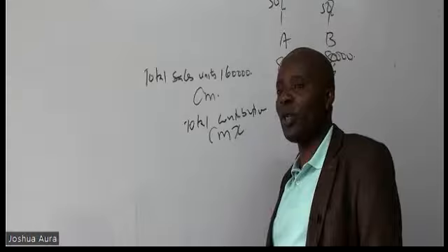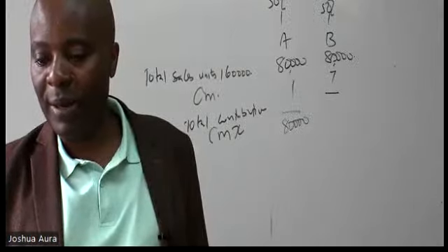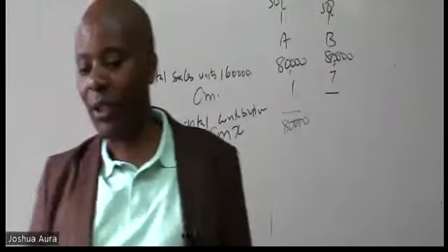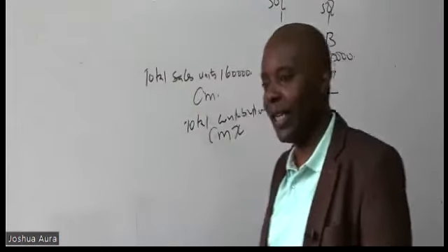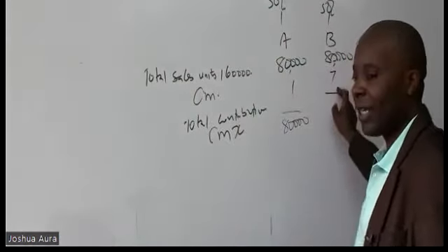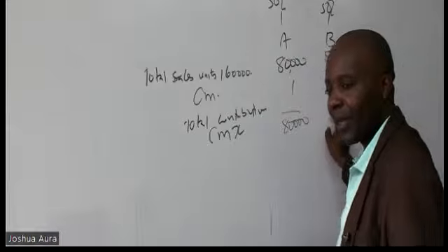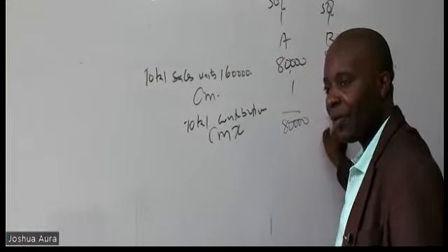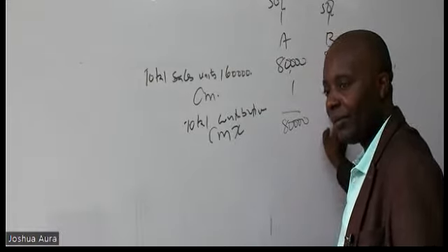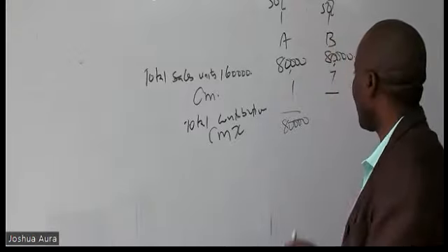We shall overcome. One step remaining and we finish. So 80,000 times 7 gives me what figure? 560,000. Great.